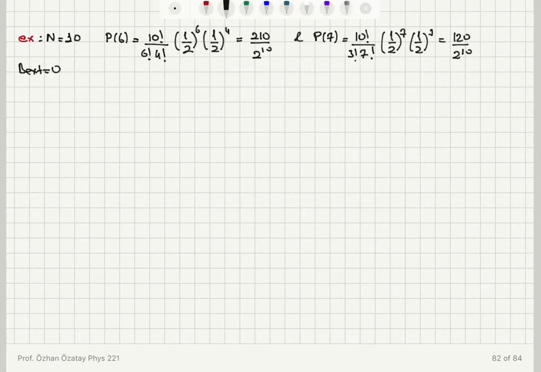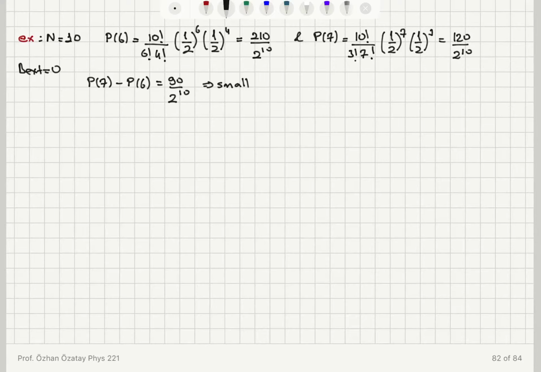So how much is the variation in the probability going from 6 up spins to 7 up spins? It is 90 divided by 2 to the power 10, which is a rather small number. So this is small variation.